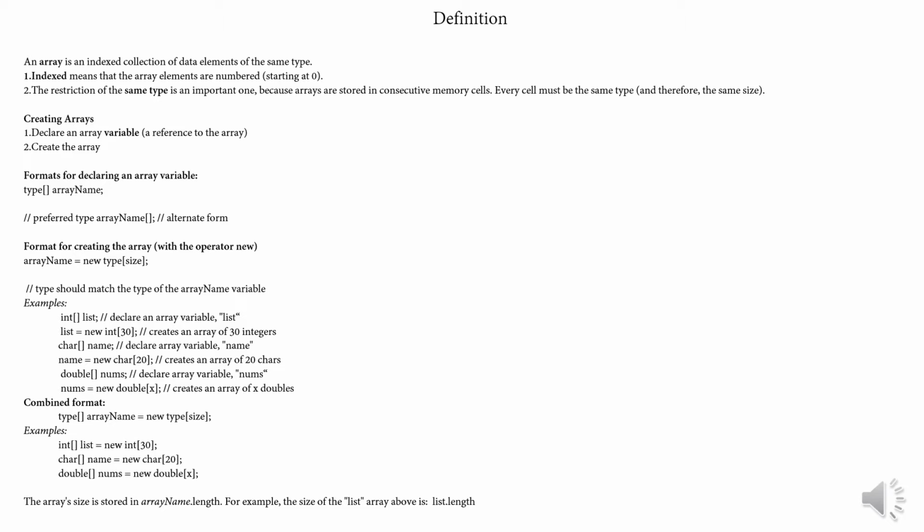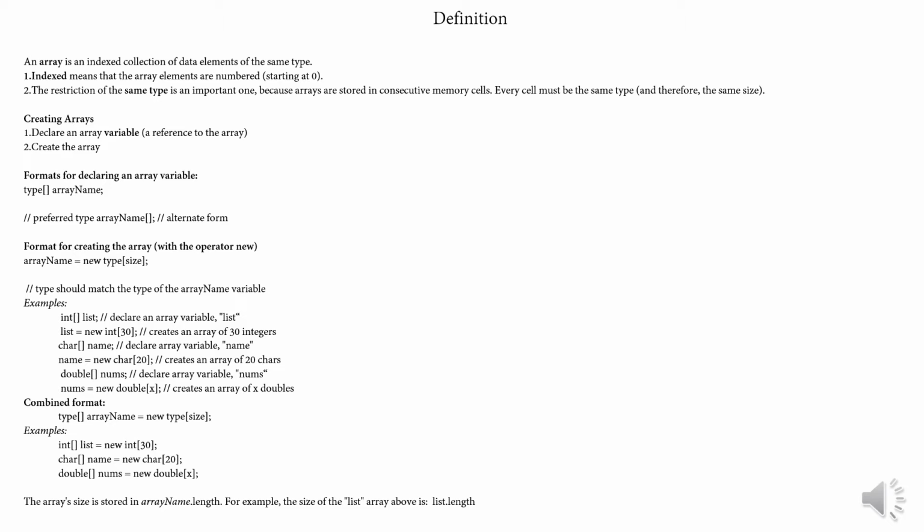That's how we declare this array, and then we need to create the array, right? We create that by writing list equals new int 30. So now we know that the name of this array will be list, the type of the elements of this array will be integer, and the number of elements in this array will be 30.